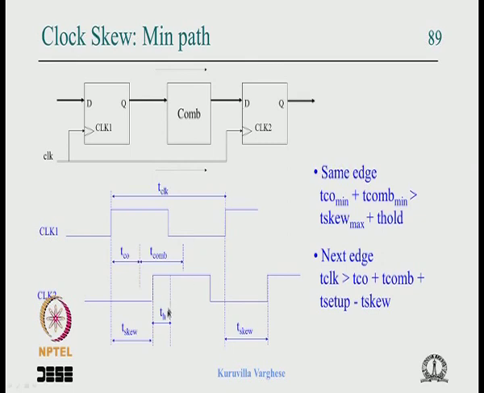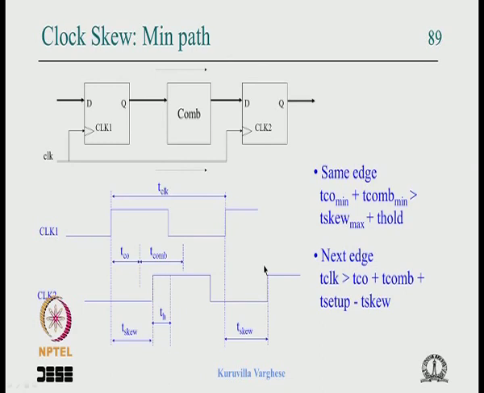So here TCO plus Tcom should be greater than T skew plus T hold. If a violation happens, because this Tcom gets into the hold time window, changing the clock period won't help. What you can do is add additional delay so that the data at this point comes after the hold time. So this is the issue with the clock skew.